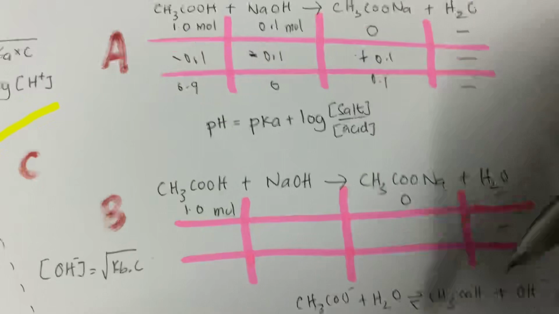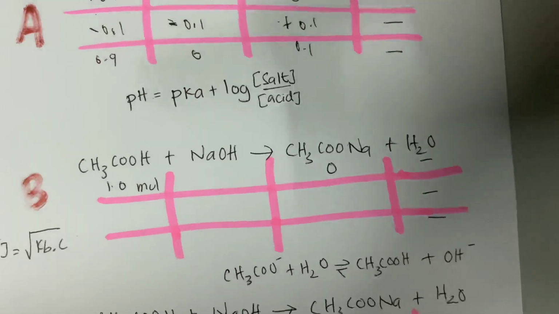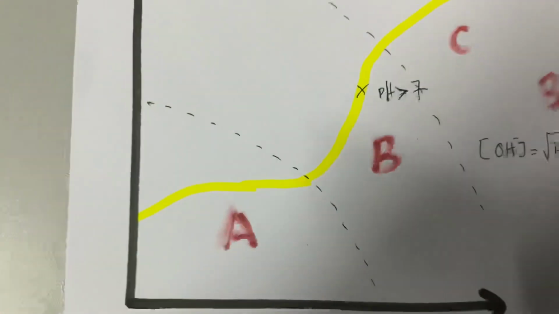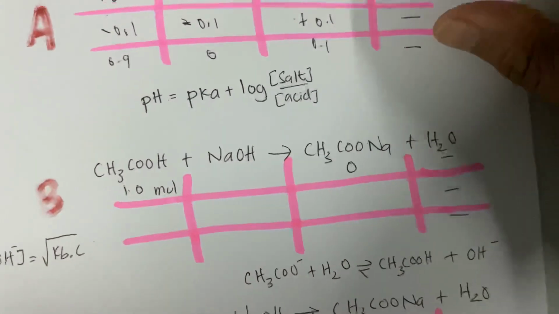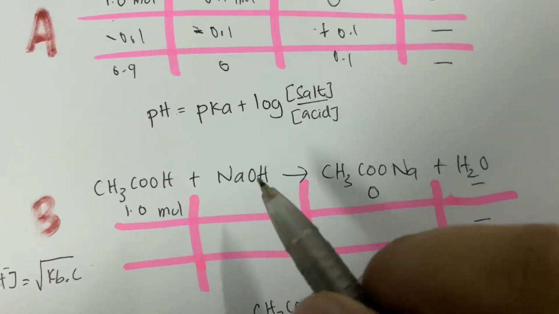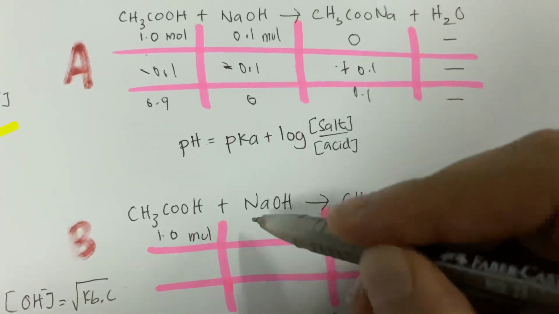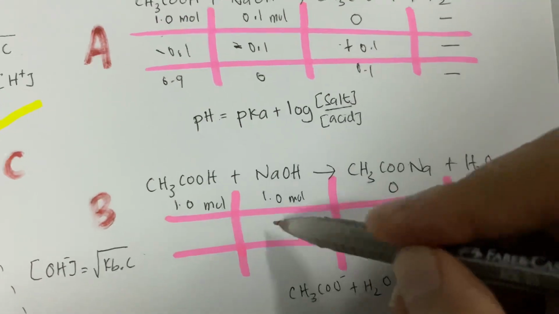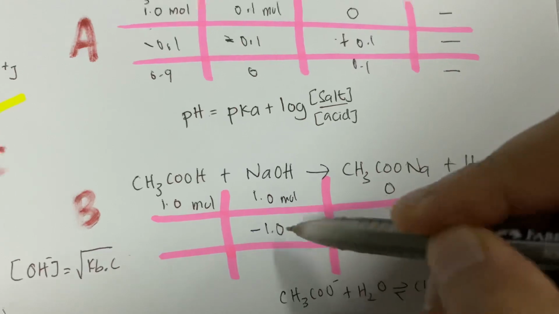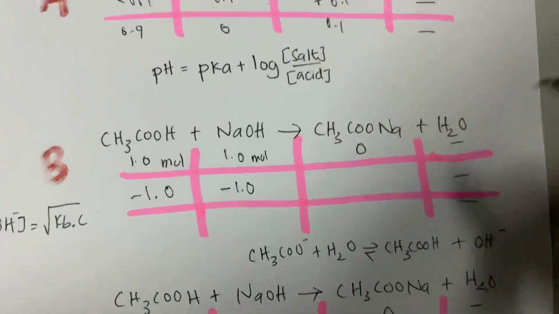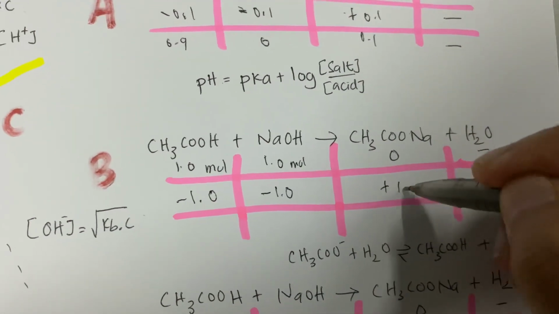So we look at this ICE table now. Okay, we start again. As we know, our acid is 1 mole. At region B, where the equivalent point exists, complete neutralization will happen. So how many moles of sodium hydroxide have been added? It will be 1 mole. So the changes: it will neutralize 1.0, this also will be neutralized 1.0, and then this will be produced 1.0.